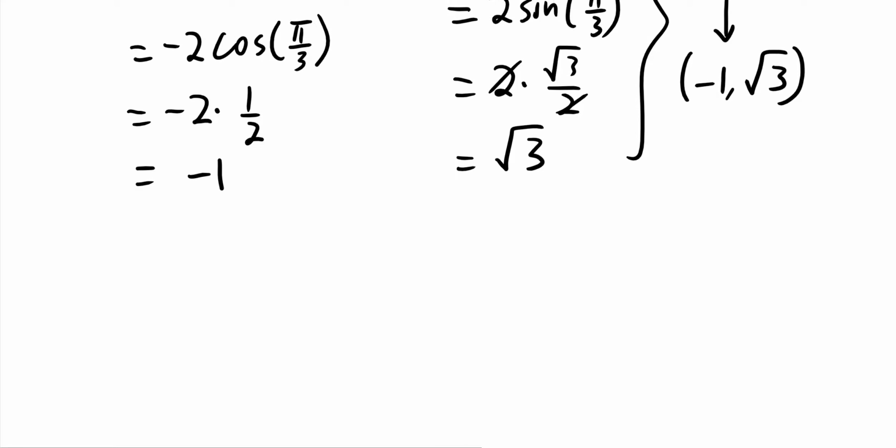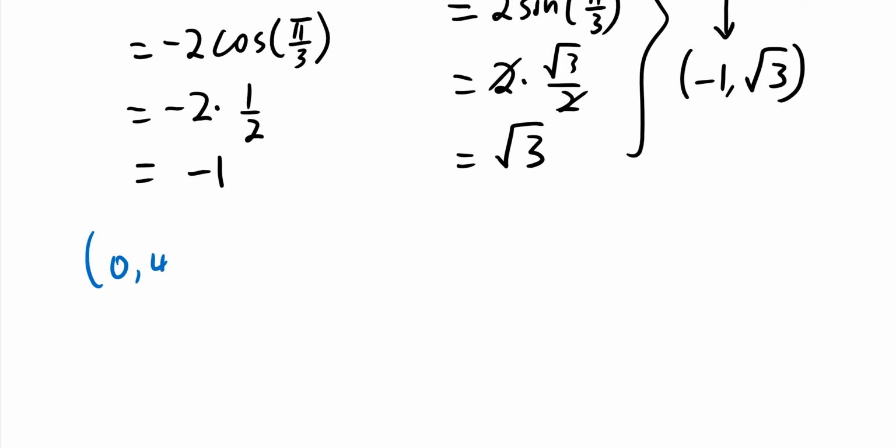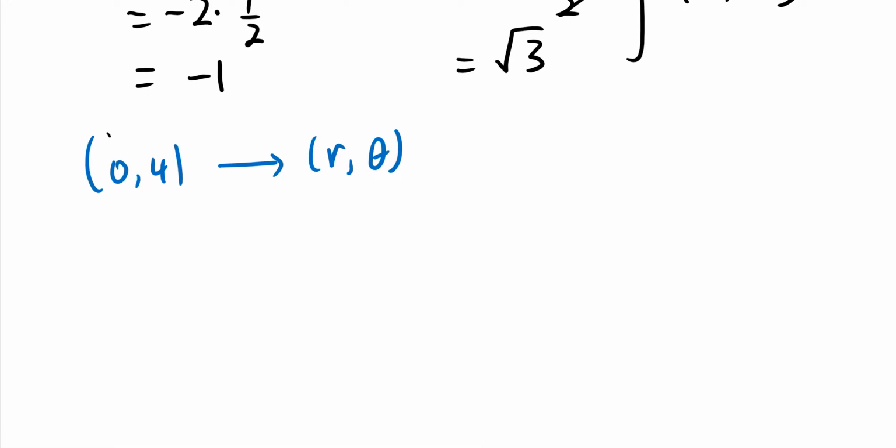What about backwards? If I'm given 0, 4 and I'm asked to convert this into r, theta. This is x, this is y, and I need to find r and theta. Remember r squared is x squared plus y squared.